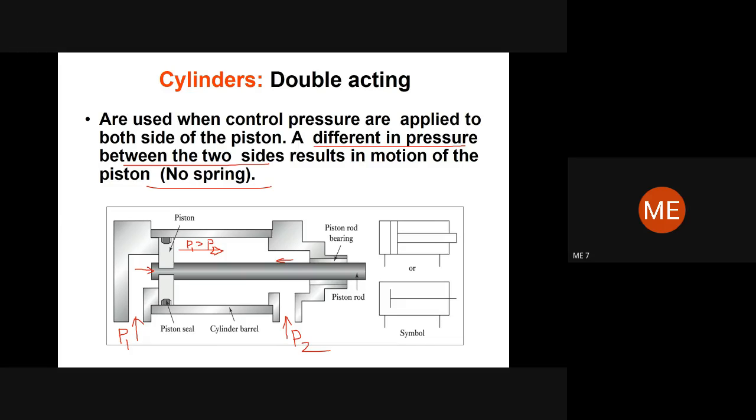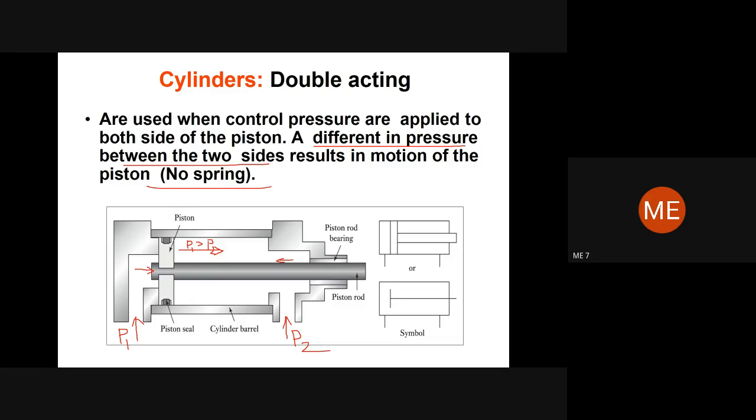On the contrary, if P2 is greater than P1, then what is going to happen? The movement is going to be from the other end to the other end. This is the way we discuss extension and retraction.